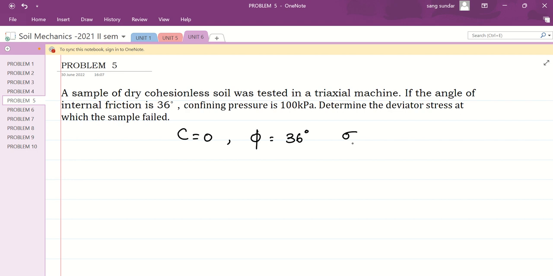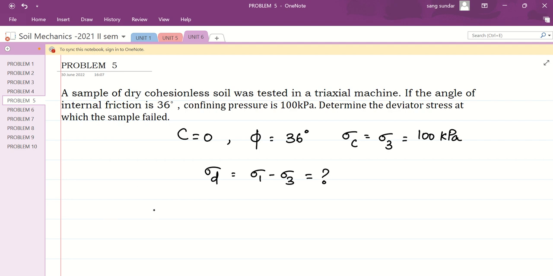And sigma C, confining pressure or minor principal stress sigma 3, equal to 100 kPa. So these are the given parameters. Now they are asking us to calculate the deviator stress, which is sigma D, or otherwise I can say sigma 1 minus sigma 3. How much is that is being asked.